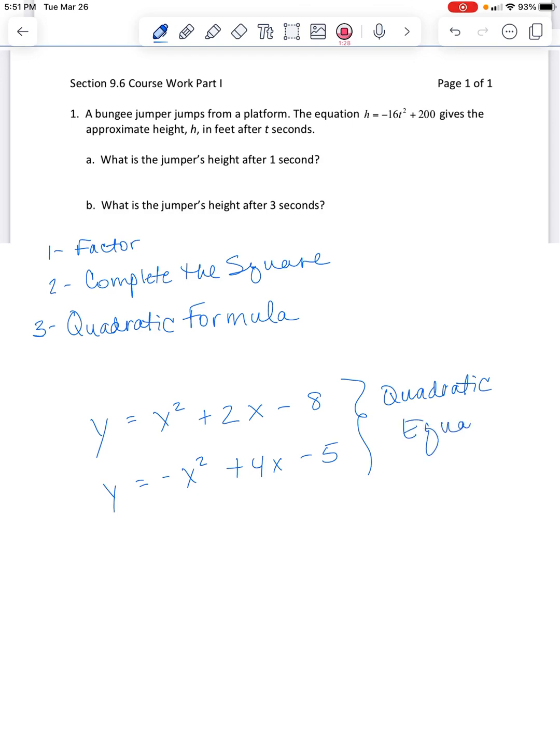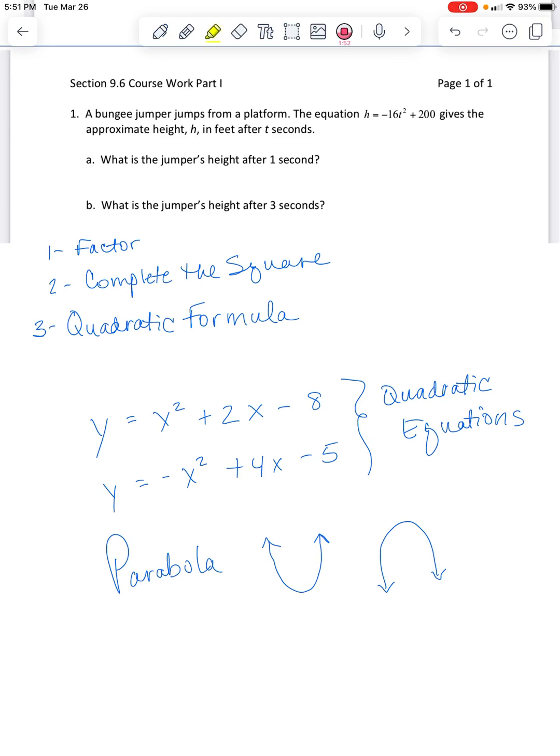And we've learned that quadratic equations, when they are graphed, graph a parabola. We can have a positive parabola, and we can have a negative parabola. The positive parabola is shooting up toward the sky, whereas the negative parabola is shooting down toward the ground.